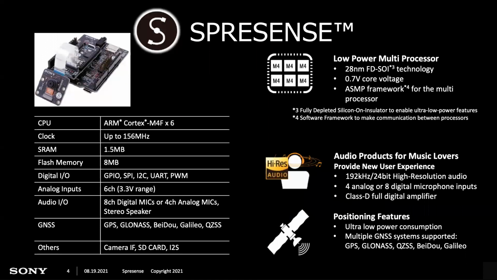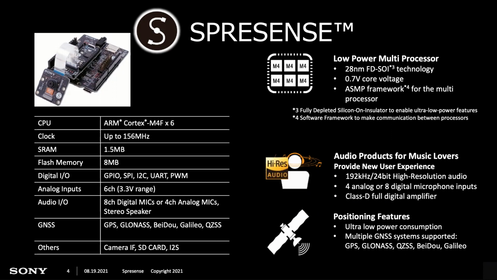So first things first, let's talk about what the Sony Spresense microcontroller is. Spresense has high resolution audio. That's one of the characteristics of the Spresense, and it has GPS integrated in it.